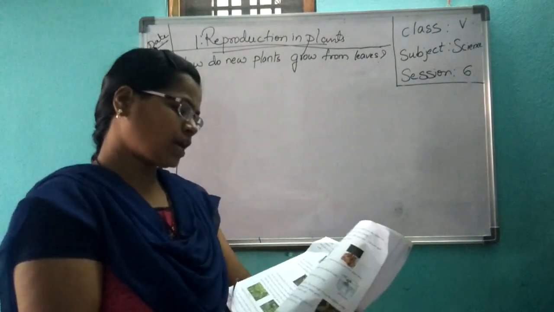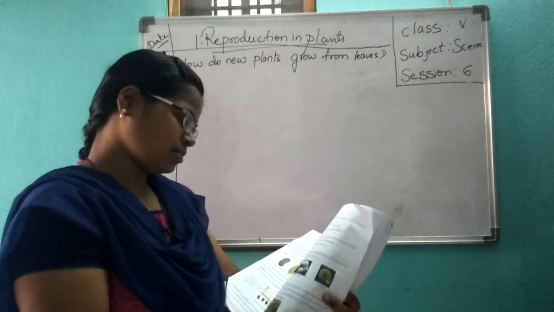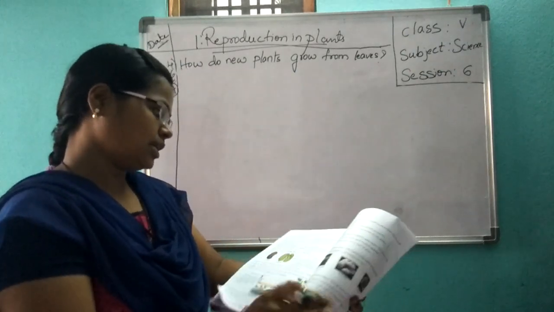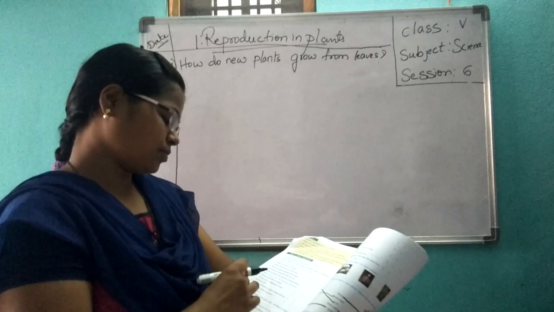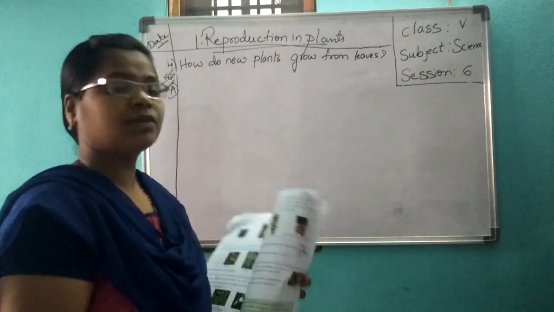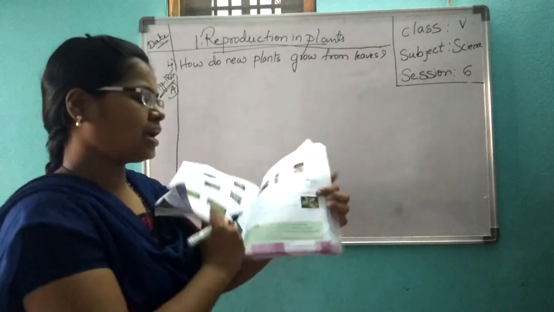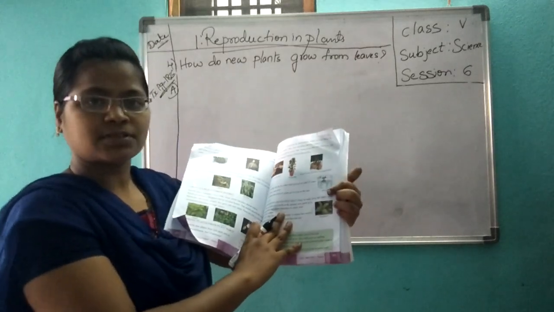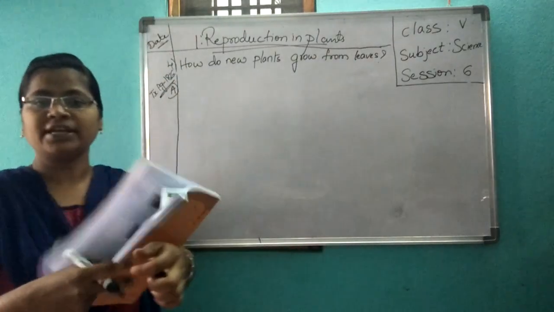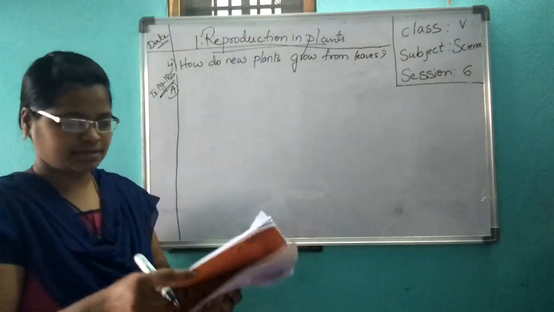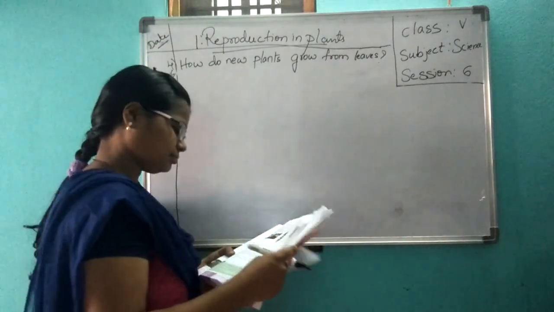Even if you don't know, you have to go back to the place where it is given about the leaves. New plants growing from leaves, and read from that, you will get the answer. Here it is, see. Plants growing from leaves. From here you have to read and you should be able to answer.